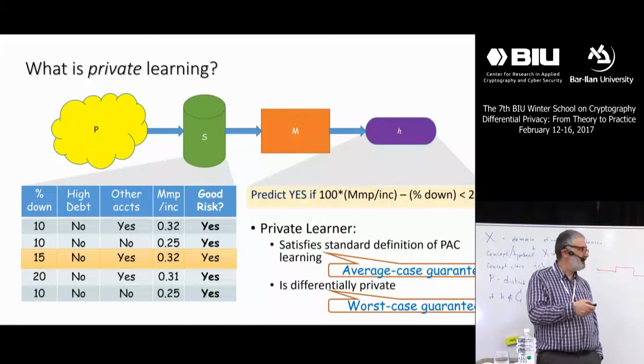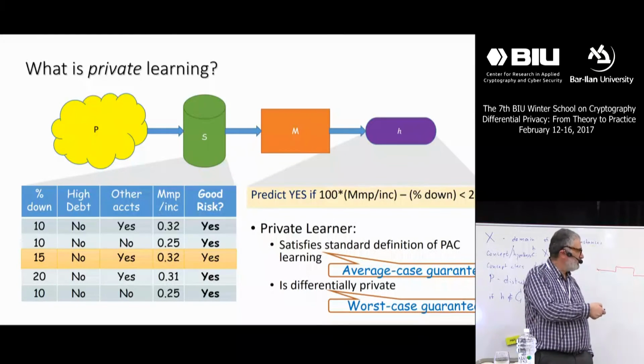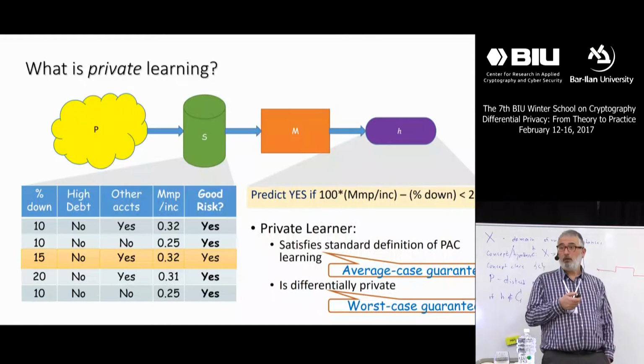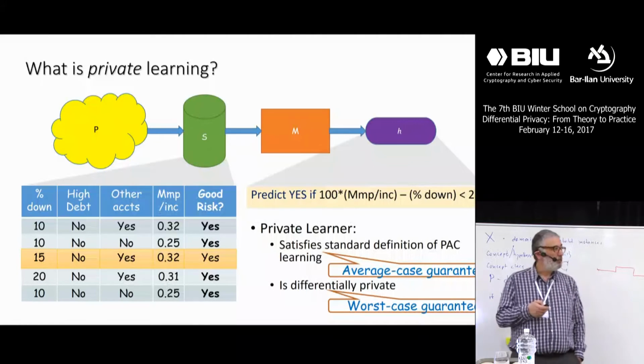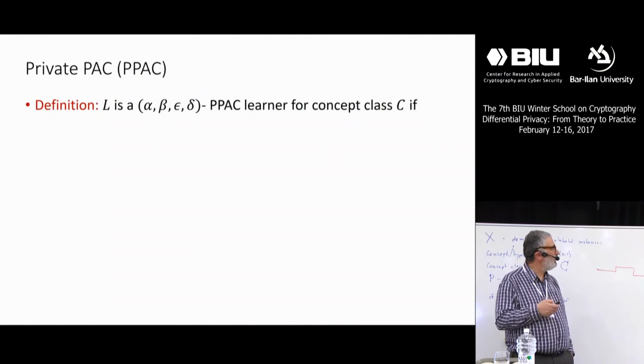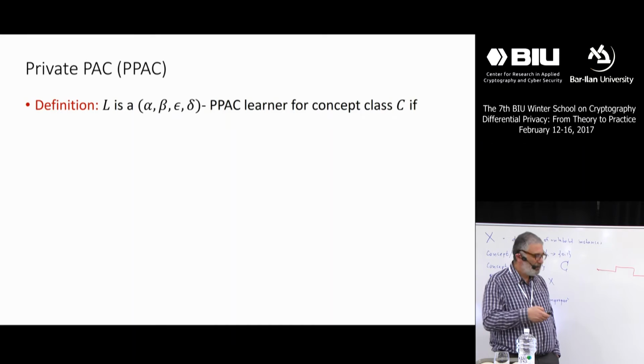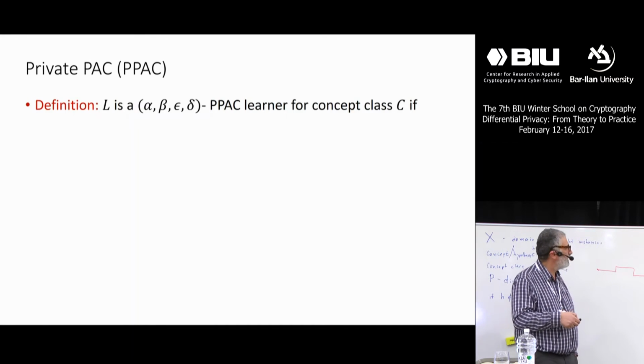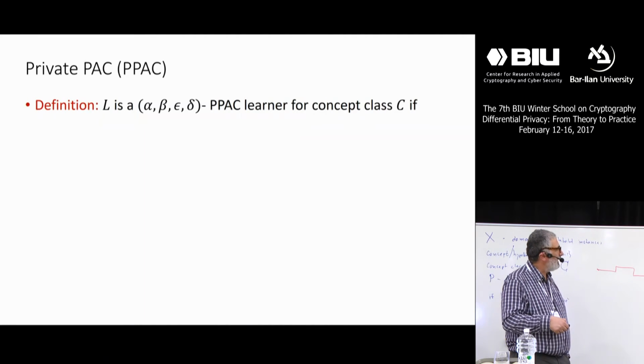The difference is that we see all these probabilities over the input here, but in the definition of differential privacy, we have a for all quantifier. Okay, so let me just put forward the definition. Unfortunately, we have quite a few parameters. The alpha and beta parameters come from the PAC learner, and the epsilon and delta, those that hopefully by now you like and love, come from differential privacy.